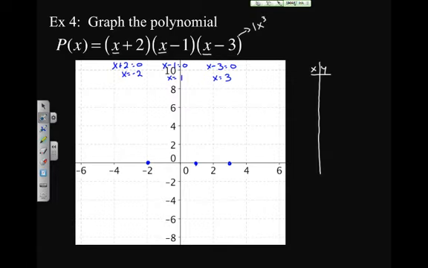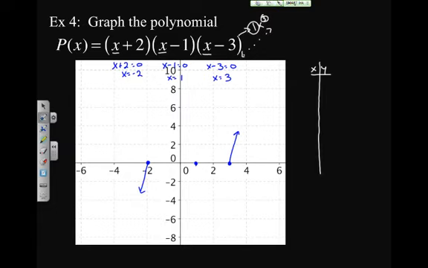So what that tells us is odd degree, positive leading coefficient, it's like a line with a positive slope. So let's go ahead and put that in here. That means after we go through this, it's going to be going up, and after we go through at negative 2, it's going to be going down. We don't know yet what happens in between.